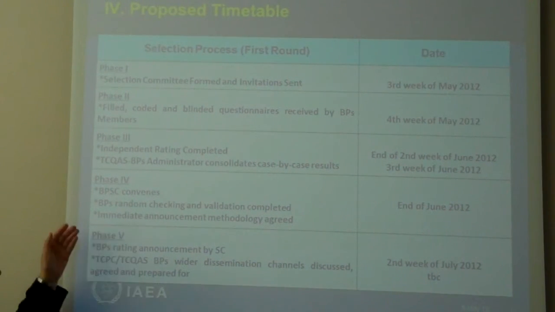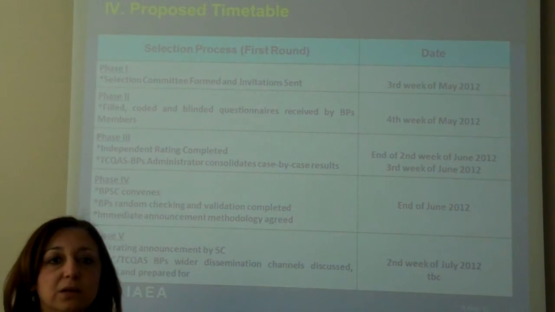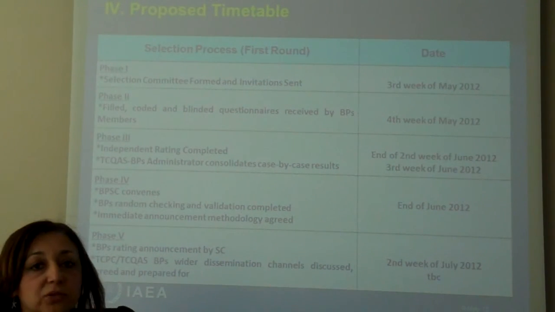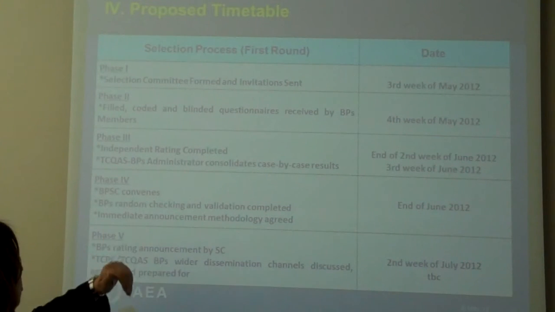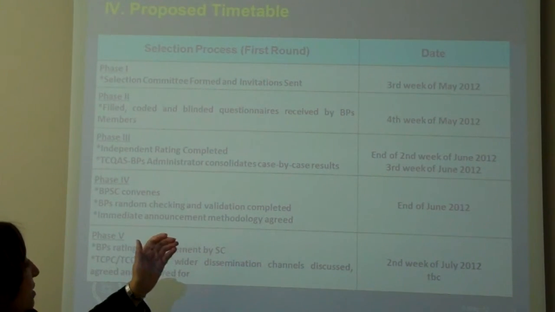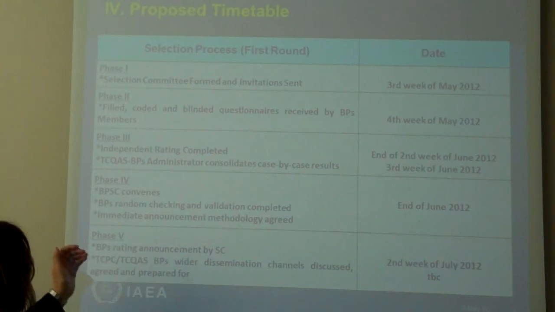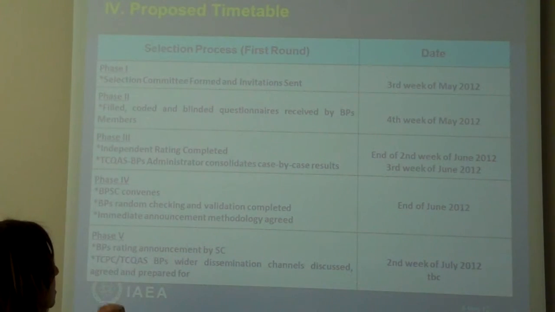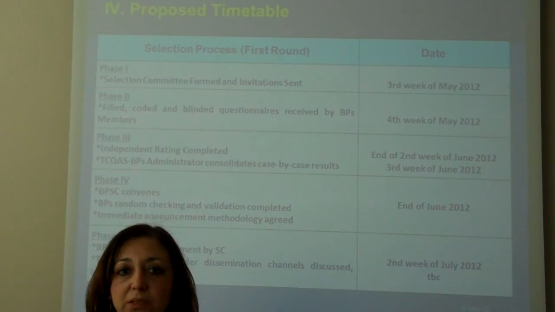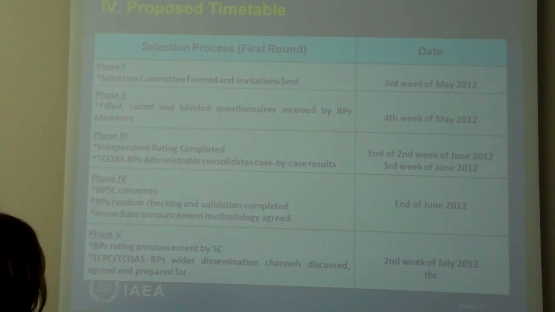Task 4, the selection committee for best practices convenes, planned towards end of June, and same for activities like best practices random checking validation is completed, and an immediate announcement methodology agreed among the team of the selection committee members.